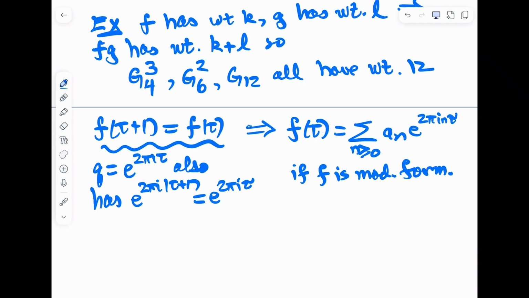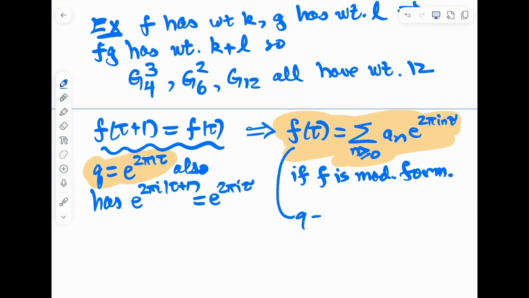Since we traditionally write e to the 2 pi i tau as q, this series is a way to describe modular forms by an expansion with a sequence of coefficients, called the q expansion of the modular form. It's a power series in q, and we might compare modular forms to each other by looking at their q expansions. The q expansion encodes within it the periodicity f of tau plus 1 is f of tau.